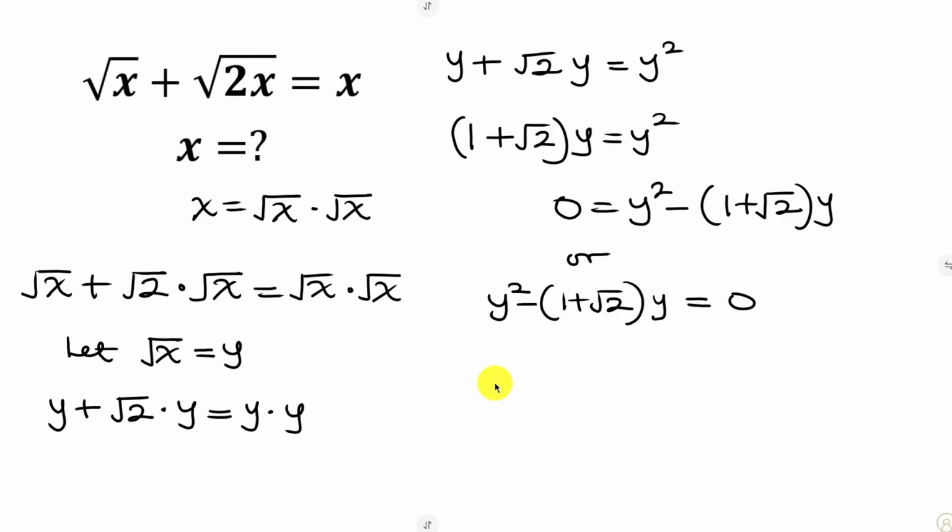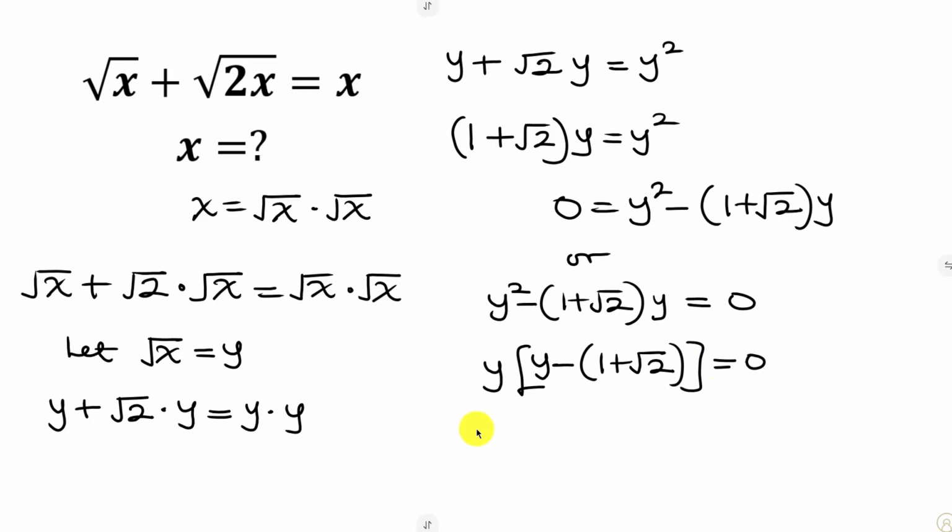So we can factor out y, then open a bracket, y squared divided by y, I'm going to be having y minus, now this expression, which is 1 plus the square root of 2 times y divided by y, I'll have this. So I'll have 1 plus the square root of 2. Very good. And then close bracket equal to 0.